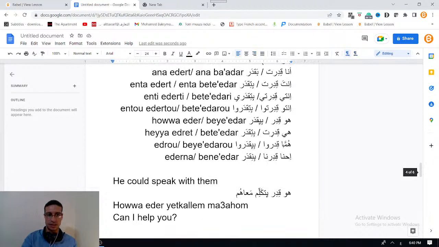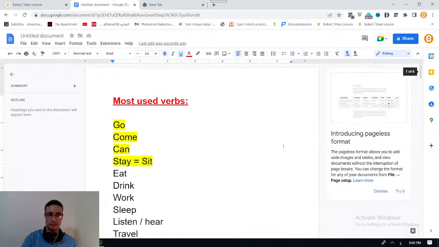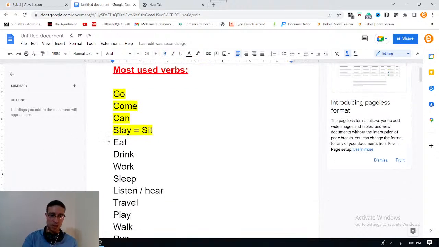This is the fourth verb. Okay, let's do those two verbs for today.